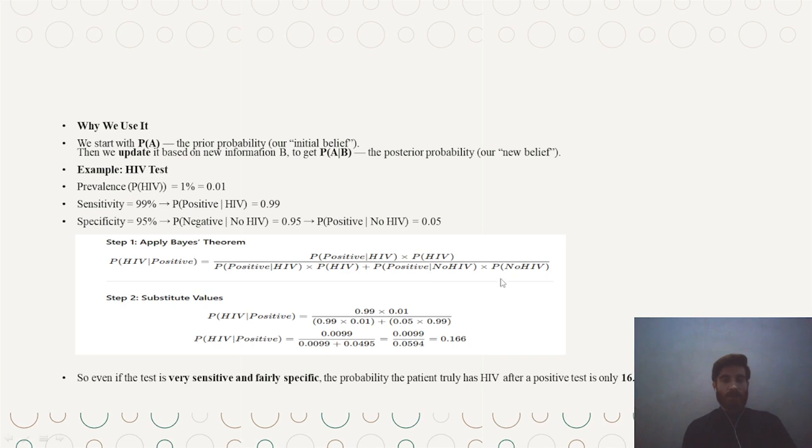Okay, and then the probability from the sensitivity 0.99 here will give us the result 0.166. It means that if the test is very sensitive and fairly specific, the probability the patient truly has HIV after a positive result is only 16.6%.